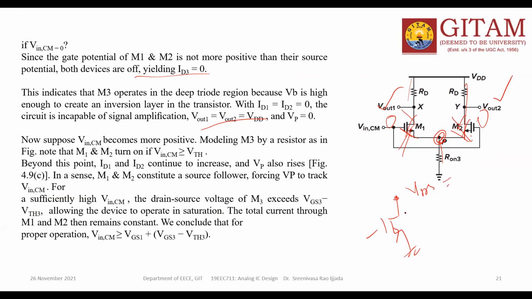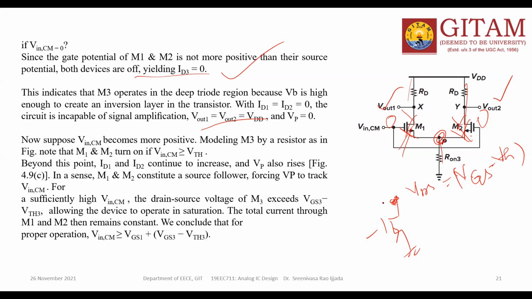It is equal to VS, or you can say VGS minus VTH. Where is this potential? Earlier, in this case, this potential is 0, but not now.